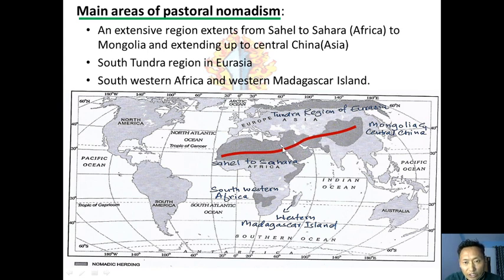Then we move to Central America, then Mongolia and Central China. In these regions, some people are still practicing pastoral nomadism, and also the tundra region in Eurasia, southwestern Africa, and Western Madagascar Island.